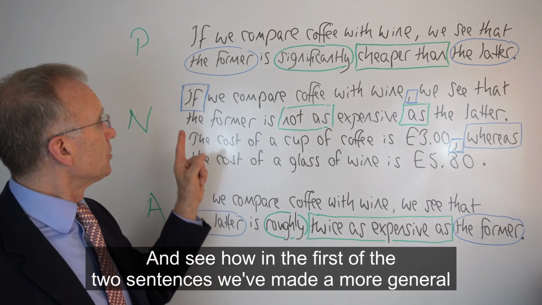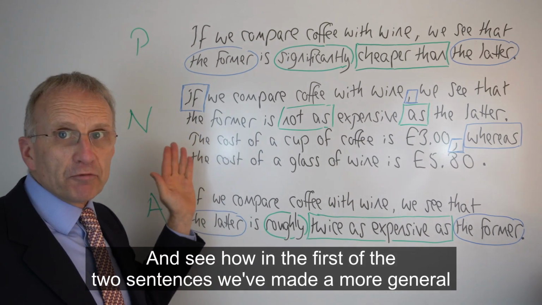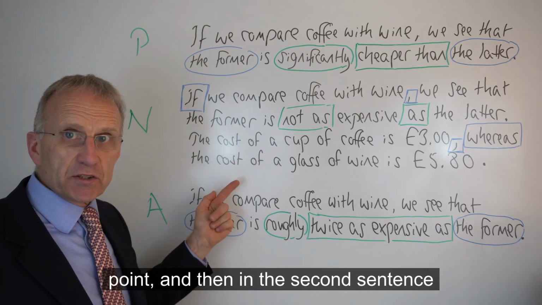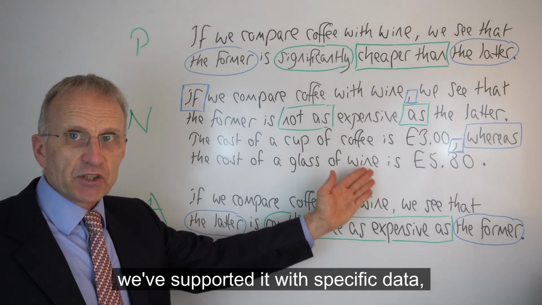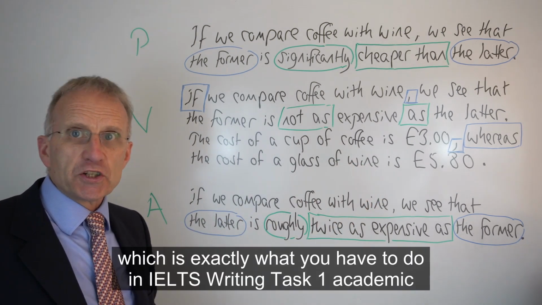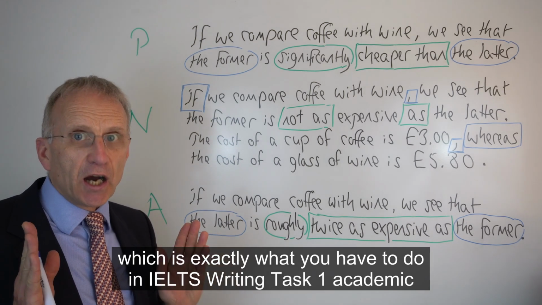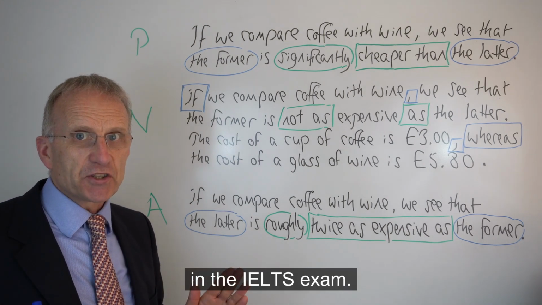And see how in the first of the two sentences we've made a more general point, and then in the second sentence we've supported it with specific data, which is exactly what you have to do in IELTS Writing Task 1 Academic in the IELTS exam.